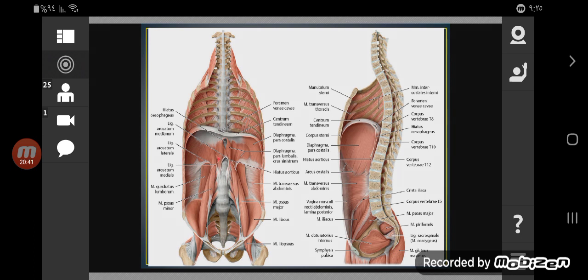Between the two, we have the median arcuate ligament. Okay, median, medial, and lateral.